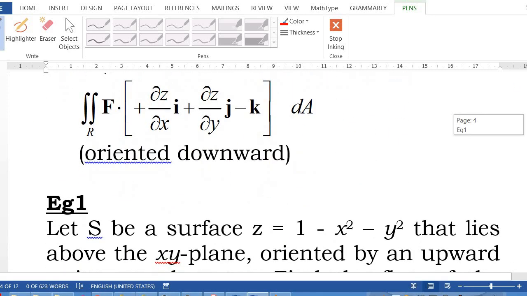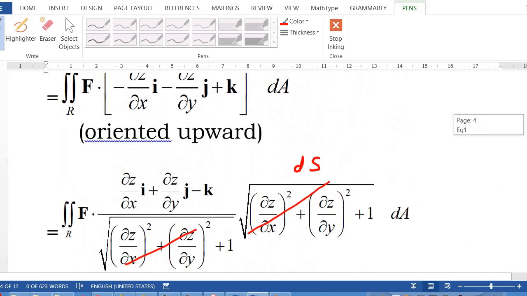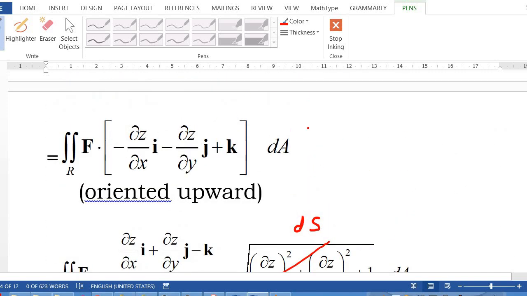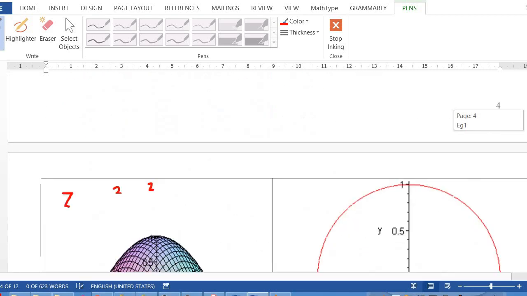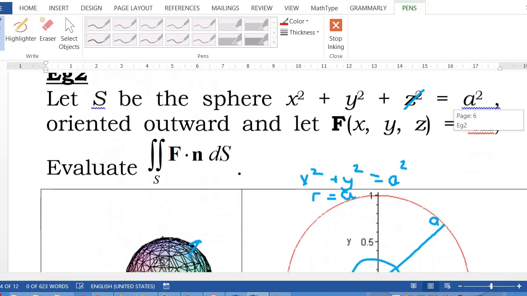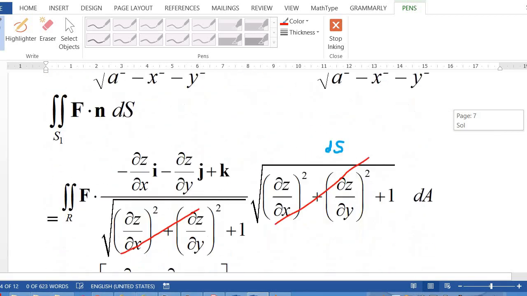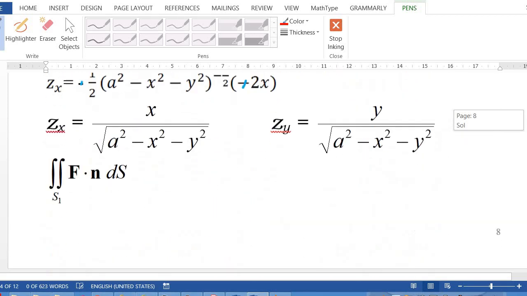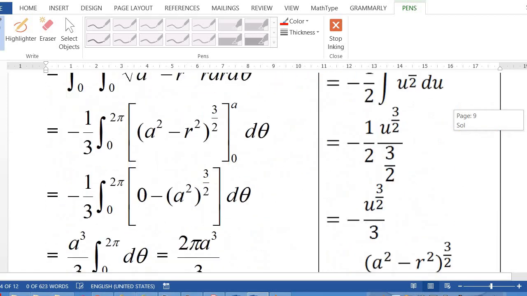And then the third example is a cube. For the cube, we don't have z expressed explicitly, and the cube has 6 surfaces, so you have to do your flux integral 6 times.